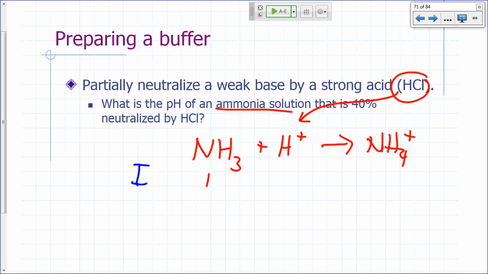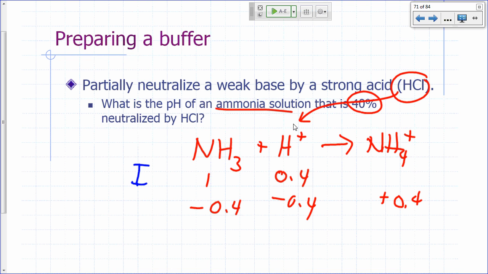And let's say if you're going to lose 40% of your ammonia, minus 0.4. How much H plus did you add then? 0.4, because that 0.4 is going to be all pretty much gone. And how much ammonium will you make?